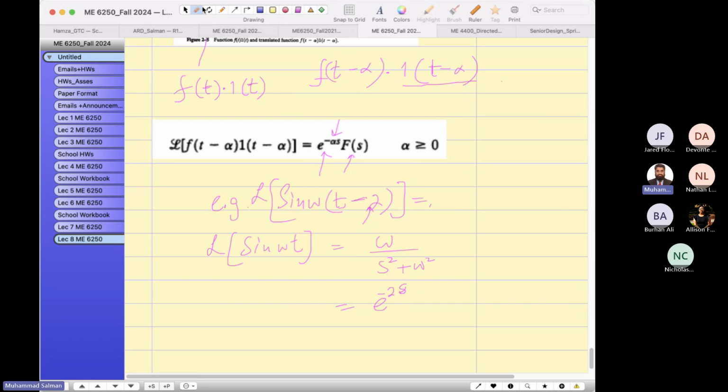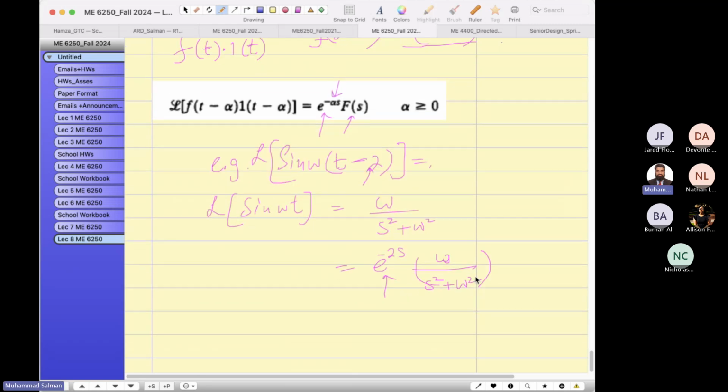And then let me rewrite here. This is s, correct? And then you will write down the Laplace transform of the sine function. This delay, you have to write it down according to the Laplace transform property of the translation.